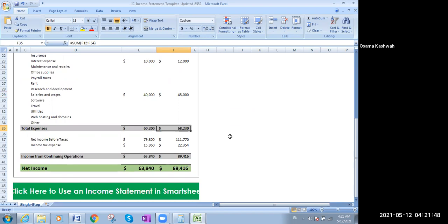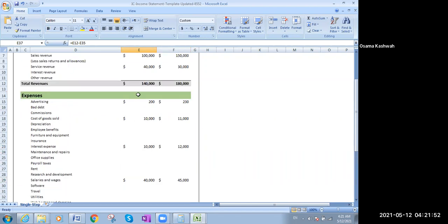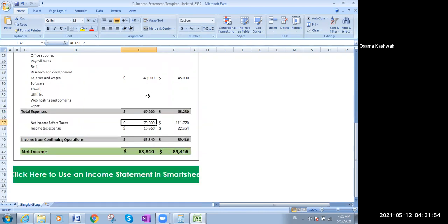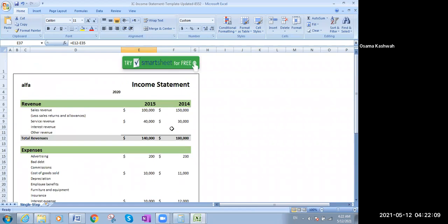Then the net income before taxes is what? The gap between them. When I subtract 140,000 minus the 60,200, that will give me 79,800. Same thing I will do here.